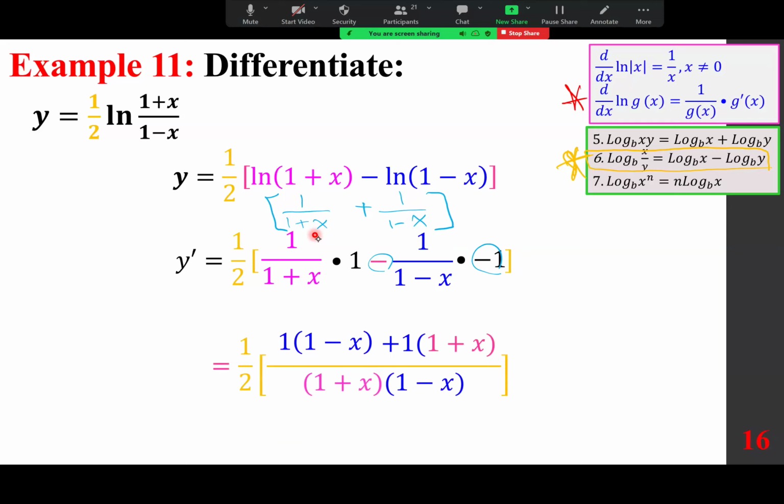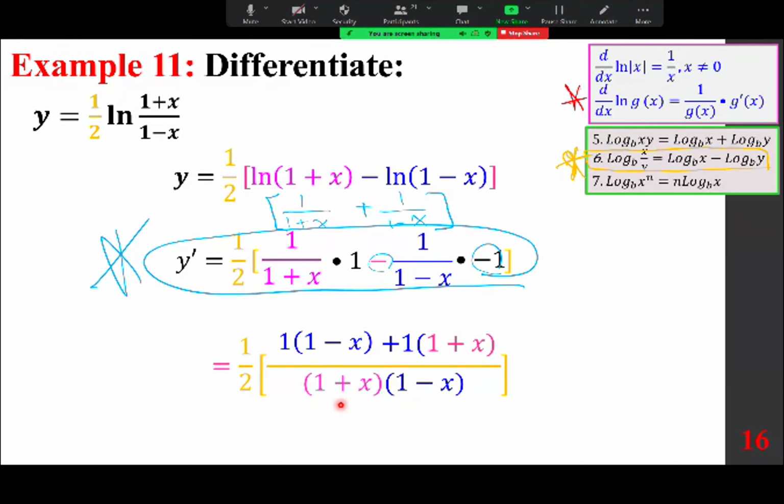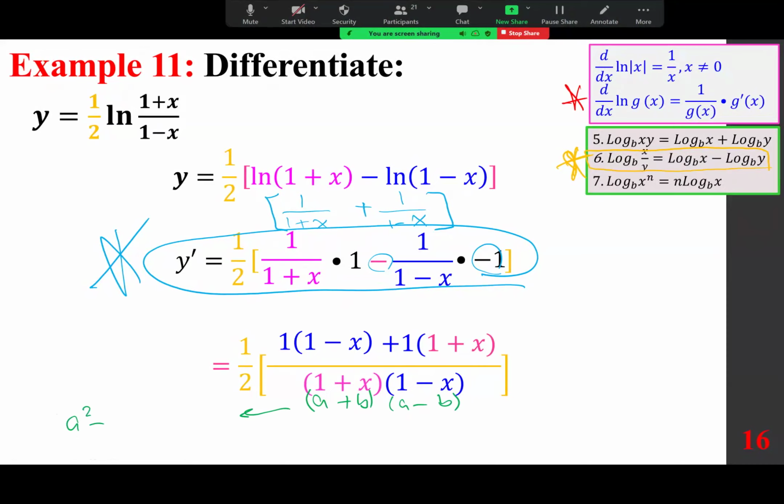Notice again, everything that I do is algebra. This was the only calculus step. Everything else we do is algebra. So 1 times 1 minus x plus 1 times 1 plus x comes to the top, and the bottom is the product of these. The bottom is 1 minus x squared, right? Because a plus b times a minus b is a squared minus b squared.